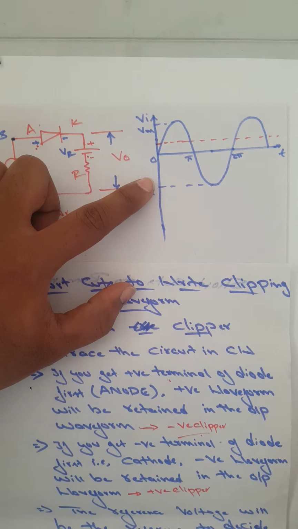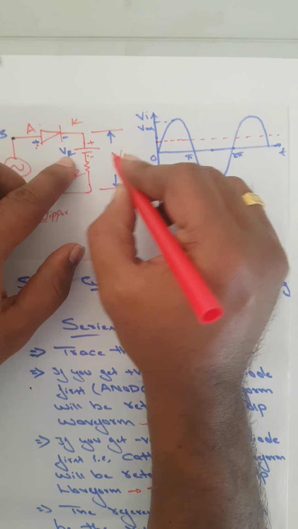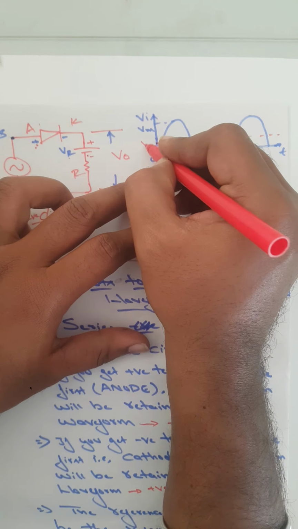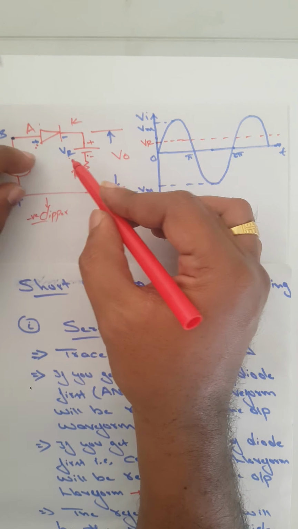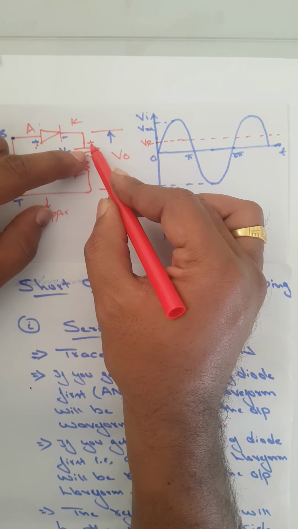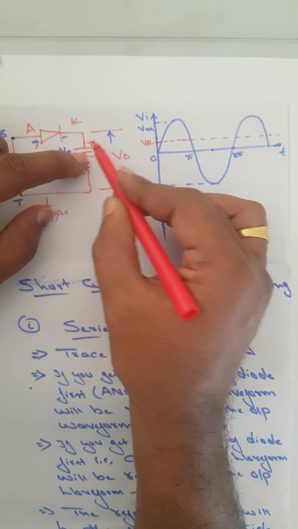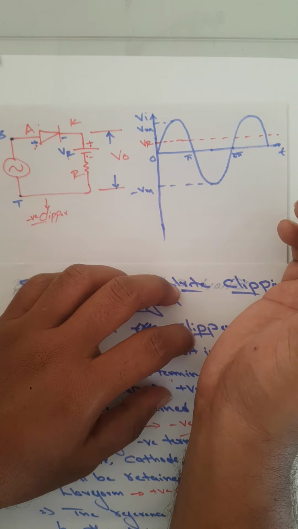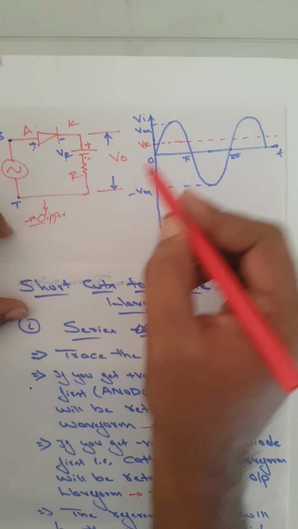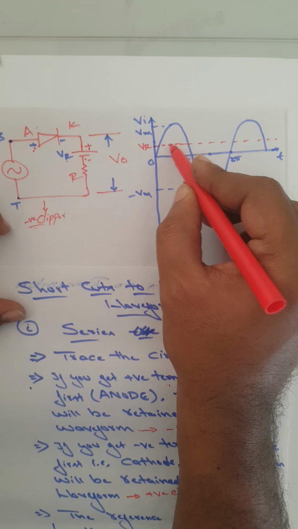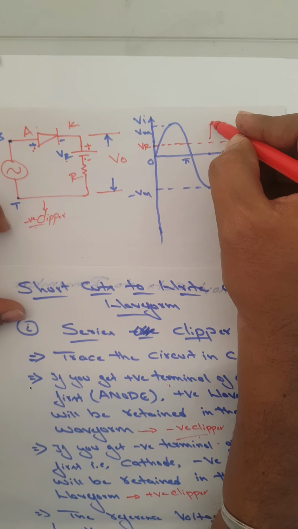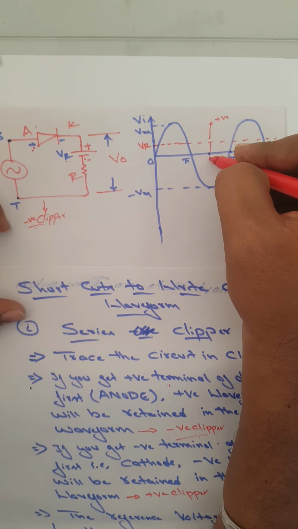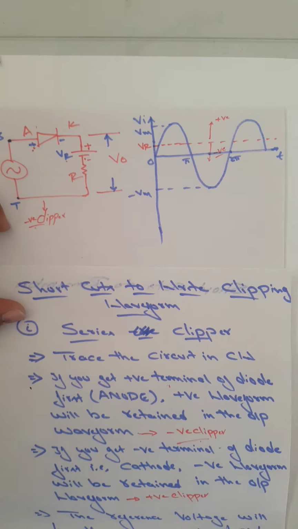The magnitude of that battery is VR; it may be 1 volt, 2 volts, whatever it is. Since you get the positive terminal of the battery first, the reference should be positive. This reference decides which is positive and negative: the portion above is positive and below is negative.